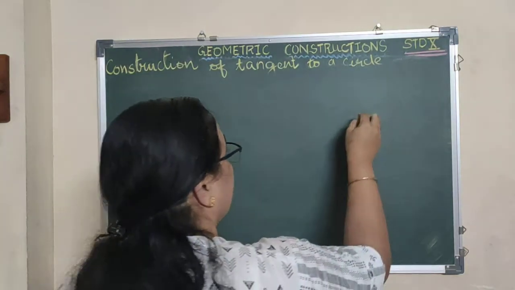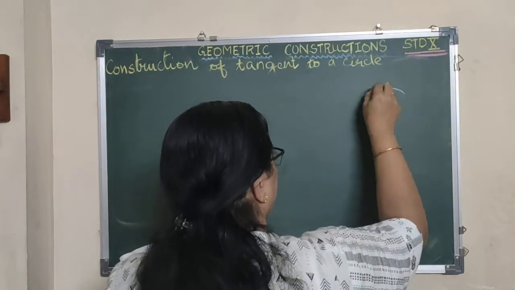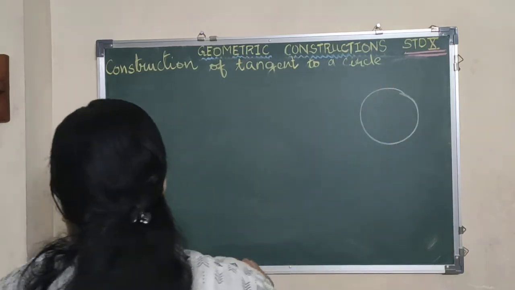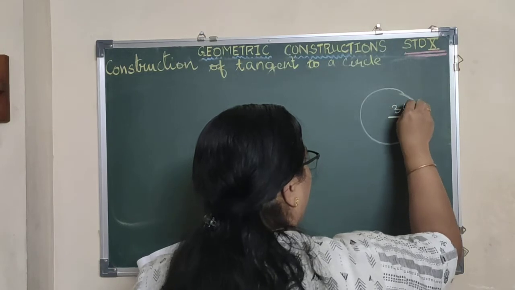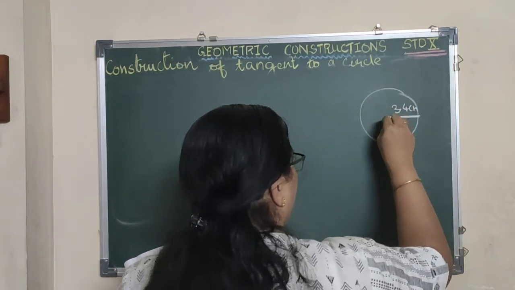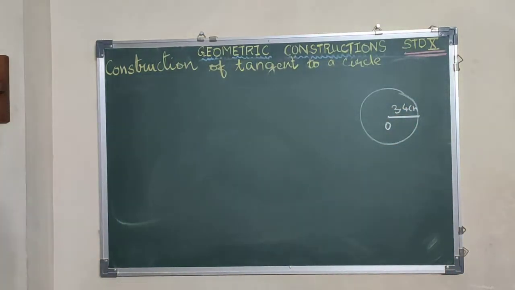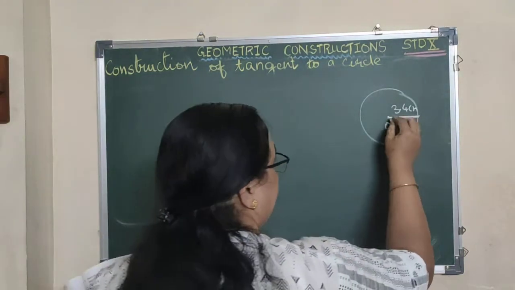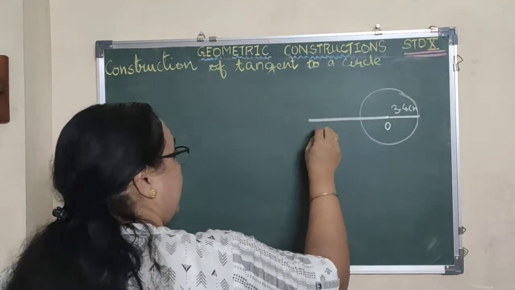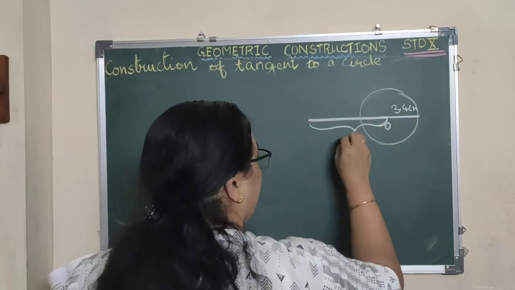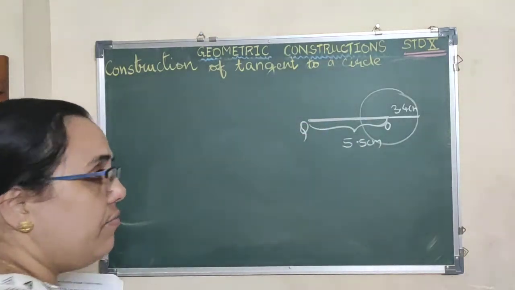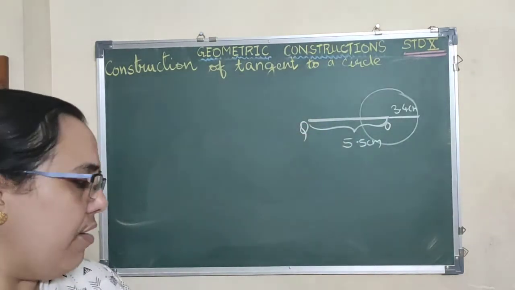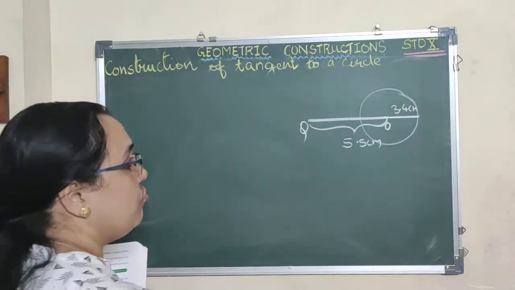So you have a circle with a radius 3.4. Then you have a point Q which is at a distance of 5.5 centimeter from the center. That is point Q. And from this point Q you have to draw tangents to the circle.